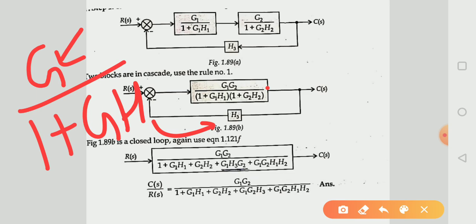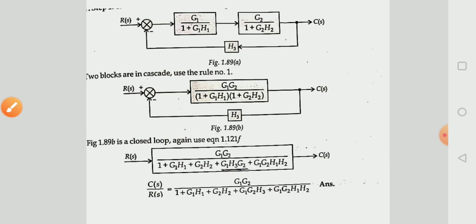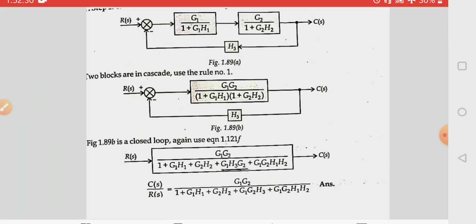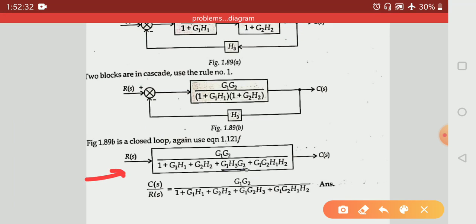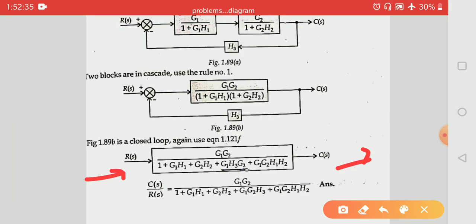And after putting these values in this formula, we get the value for the next block: G1 into G2 over 1 plus G1 into H1 plus G2 into H2 plus G1 G2 H3 plus G1 G2 H1 H2, and this is the input for the block and this is the output for the block.